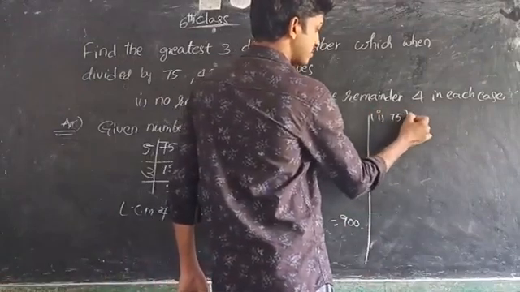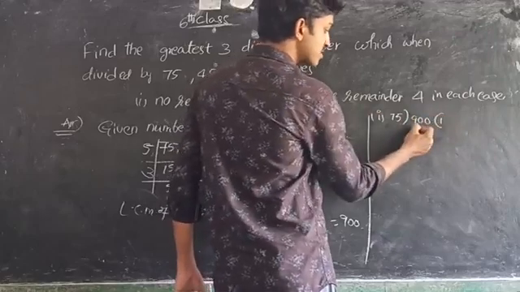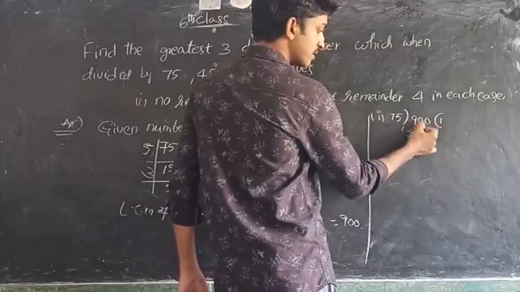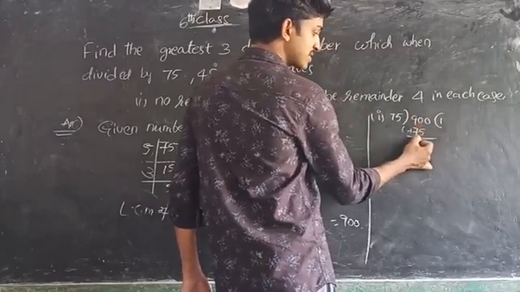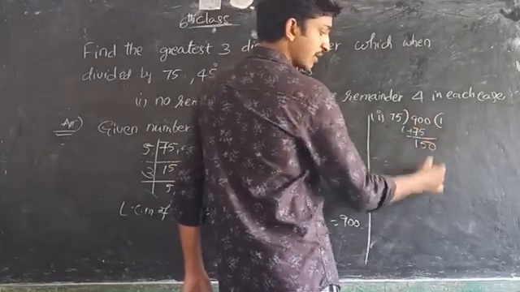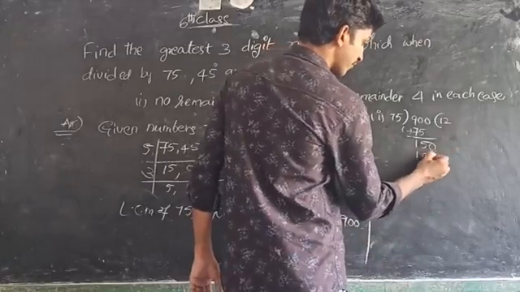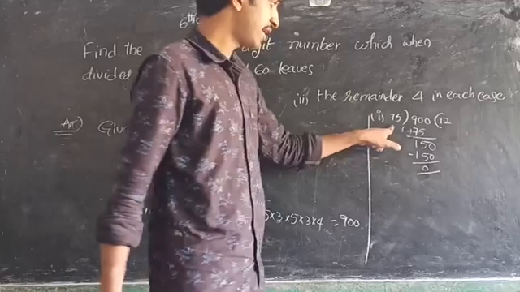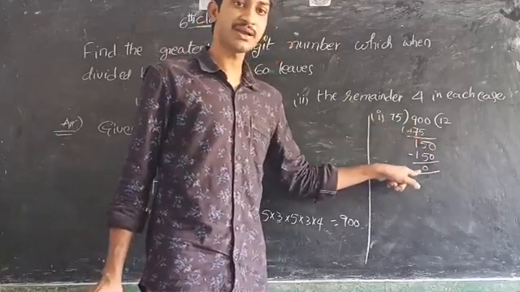In 90, 1 time 75 and I am subtracting it. 10 minus 5 is 5 and 8 minus 7 is 1. So I am taking this carry down to here. In 150 it is 2 times, so 150. See here, if you divide this number with 75, it has 0 as a remainder.